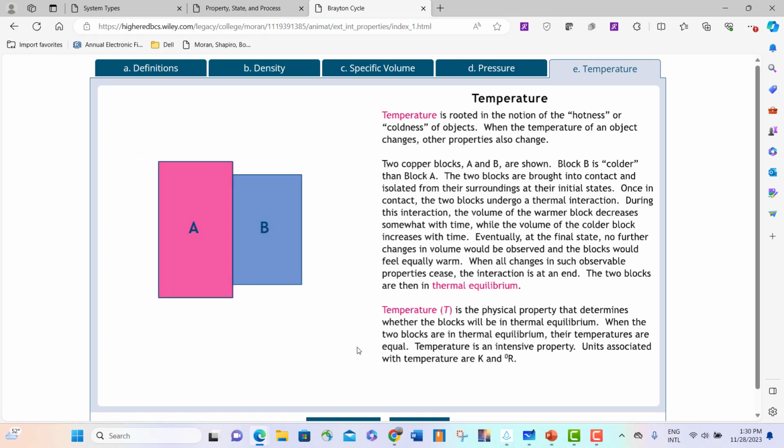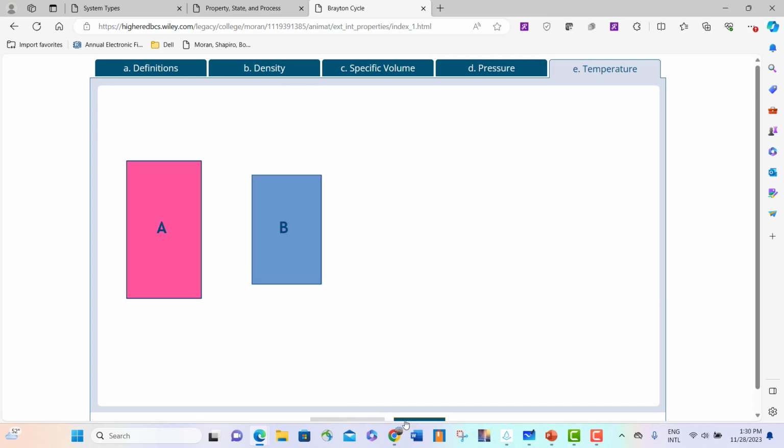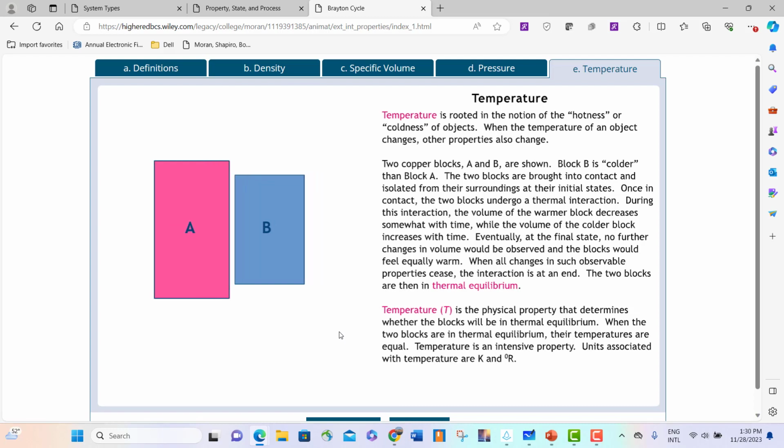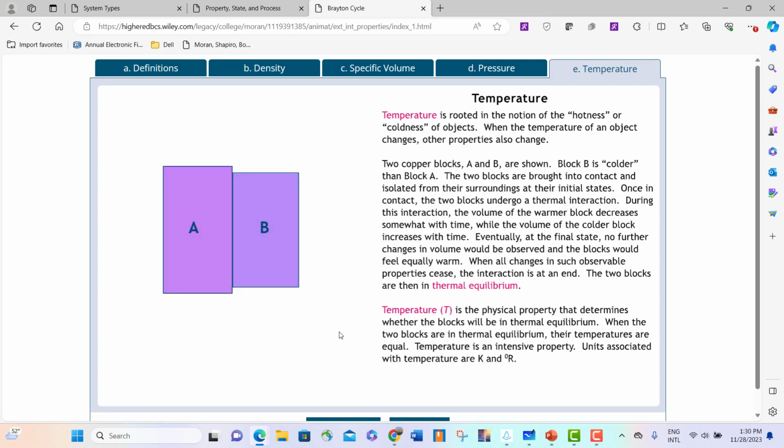Okay, then let's look at temperature. Temperature is rooted in the notion of hotness or coldness of objects. When the temperature of an object changes, other properties change also. So you see we had two copper blocks, A and B. B is colder than block A, and when they're brought in contact and isolated from their surroundings, they will start to undergo a thermal interaction where they will eventually reach thermal equilibrium.